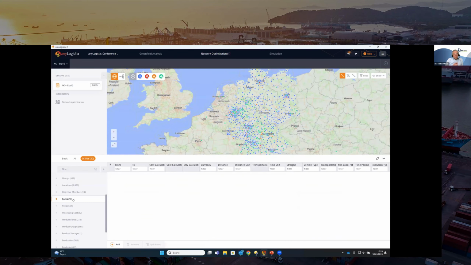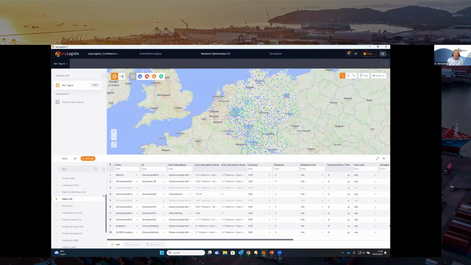And in case of the transport relations or the paths, you will find again this shipping type. So we have relations from the shipping points to the customer with different transportation cost rates, and different types of cost calculation.